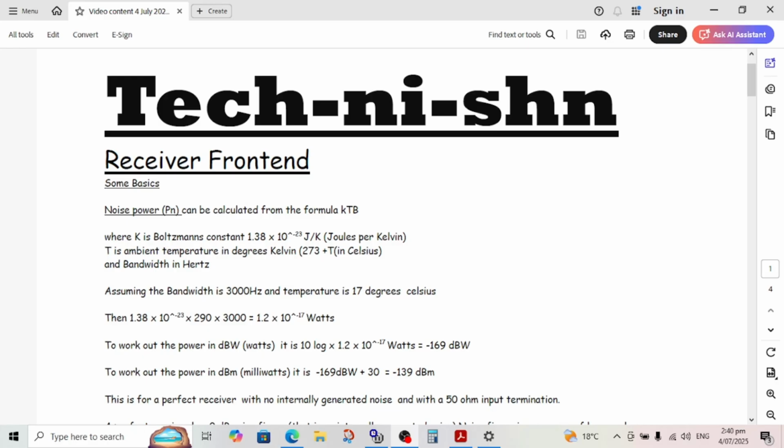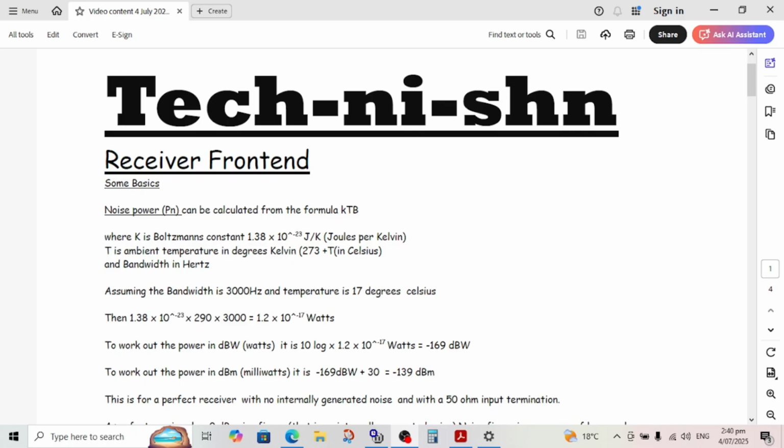For our example, I'll be using 3000 hertz, the ambient temperature of 17 degrees Celsius, and from this the noise power can be calculated out as 1.2 times 10 to the minus 17 watts. This isn't really a useful quantity, however it can be converted into dBW but also into dBm.